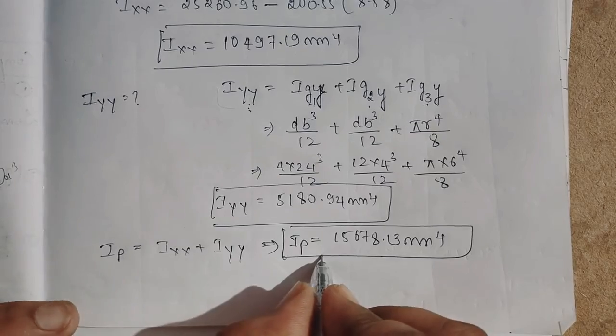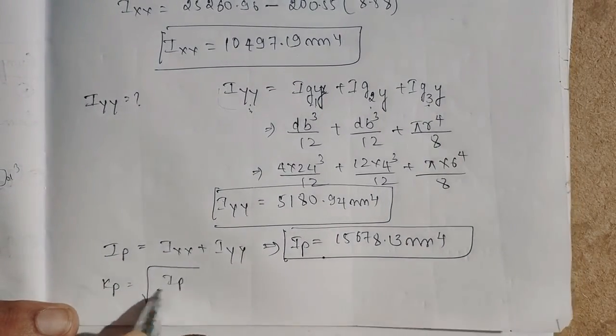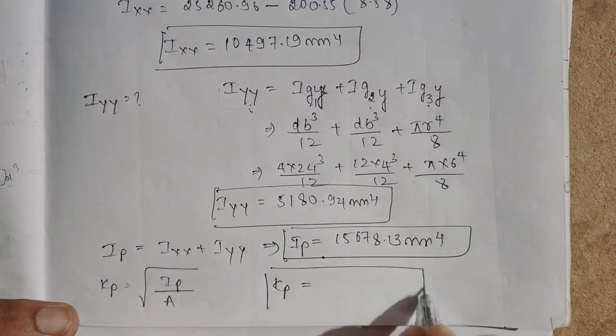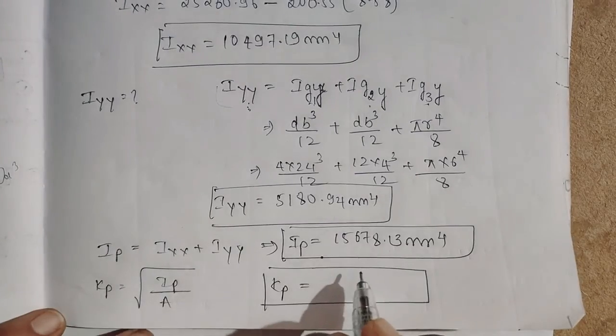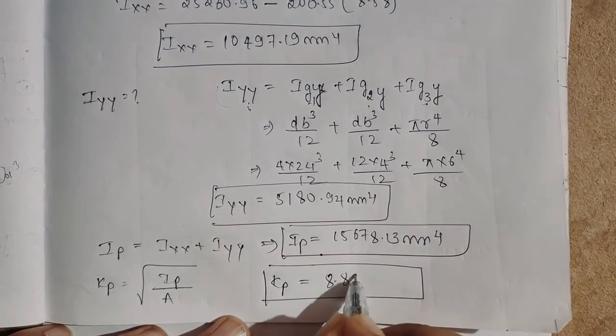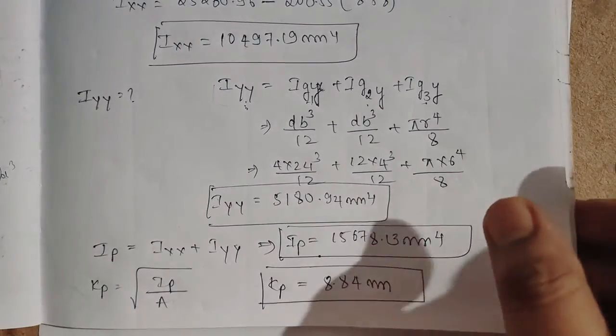So once I got Ip, I can find the Kp as root of Ip divided by A. So the value of polar radius of gyration is 8.84 mm.